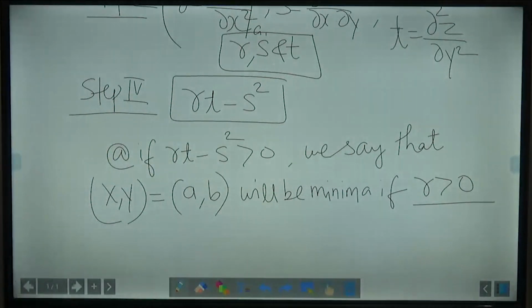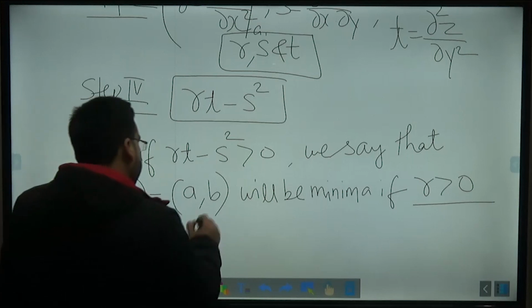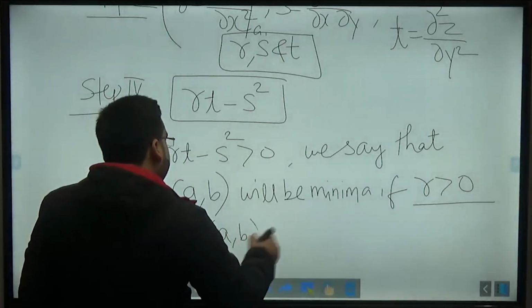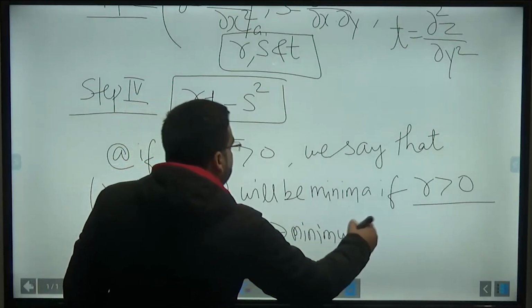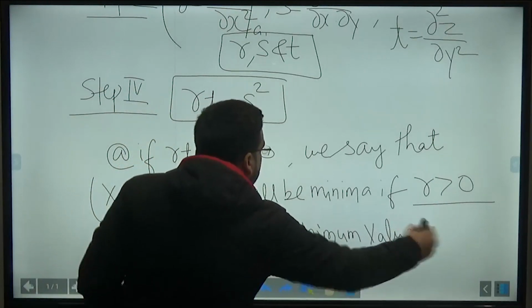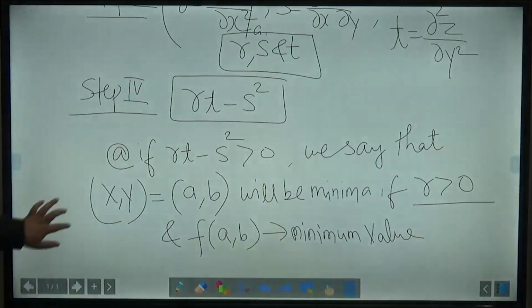If r is also greater than 0, it will give you a minima, and f of a comma b will give you the minimum value. This is the number one case.